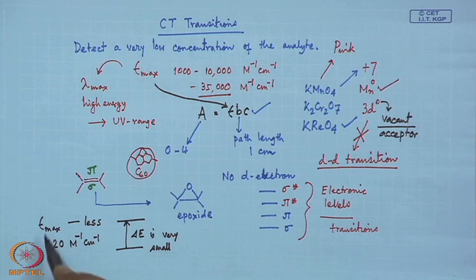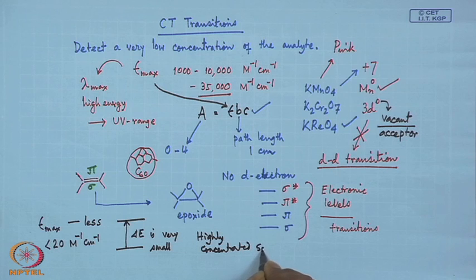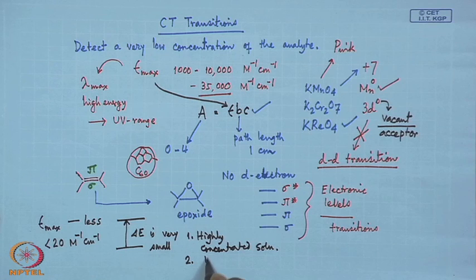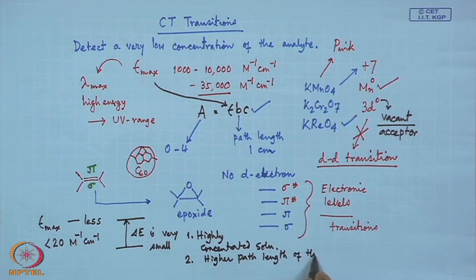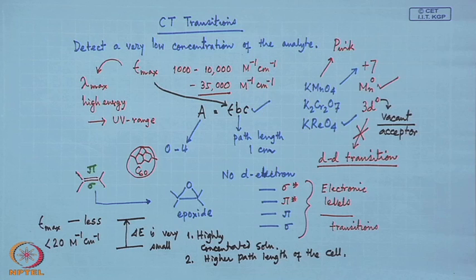Sometimes we cannot detect it at all, and for good detection we need a highly concentrated solution and sometimes a higher path length of the cell. These are the two things by which we can nicely detect a very weak dd transition, which can be measured using a spectrophotometer with a solution of high strength. Thank you very much.